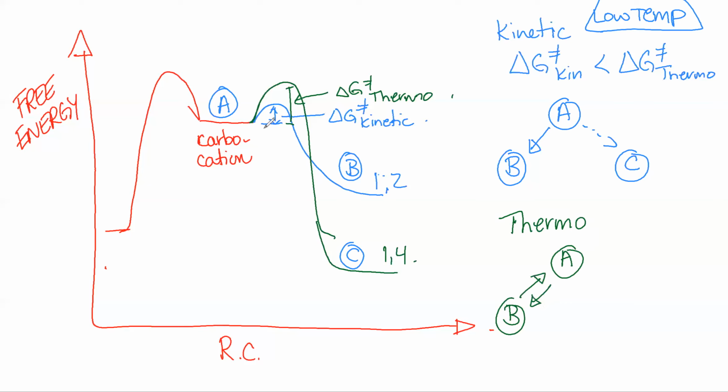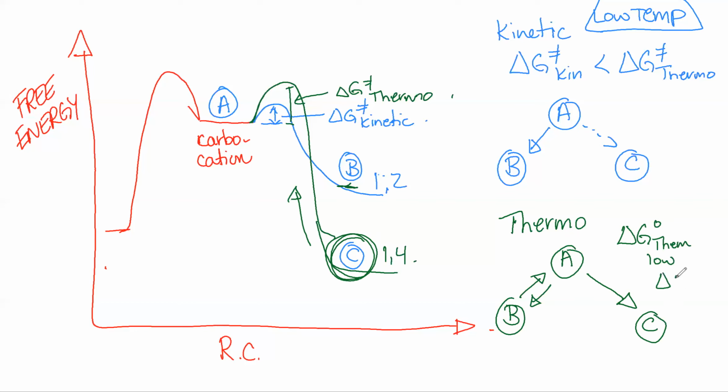So some of your reactants might go over to form B here, but there's enough energy in the system that it can do the reverse reaction to go back to A. And then A will start to form a bunch of C. And because the product C, the energy is way down here, there isn't enough energy to go backwards over that larger barrier to do the reverse reaction. So in thermodynamic conditions, the key point is that the delta G naught of the thermo is lower than the delta G naught of the kinetic. Remember, this is this energy.